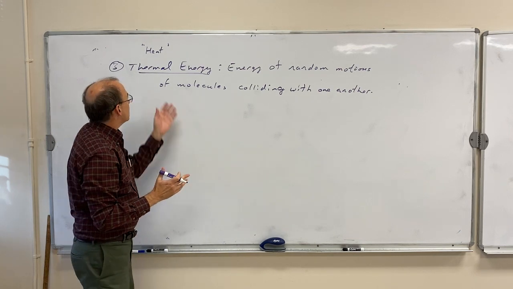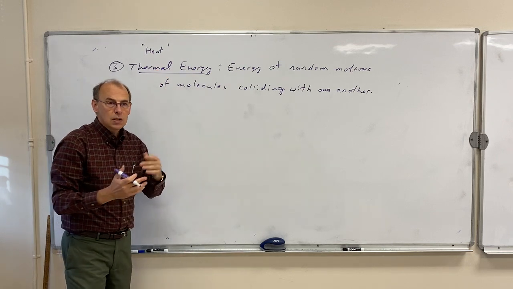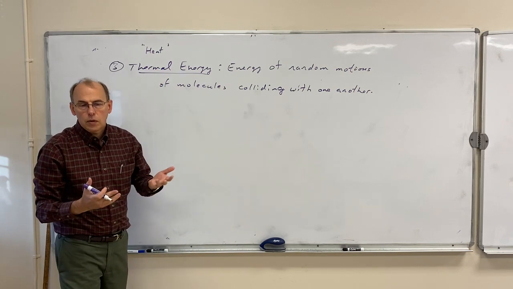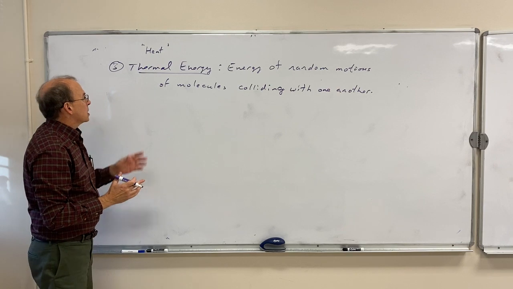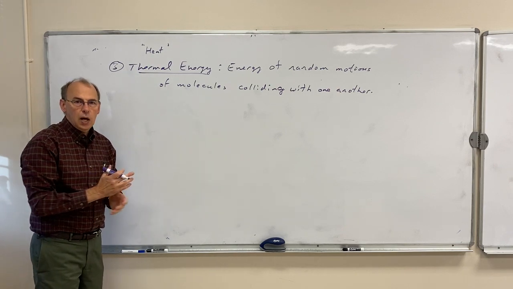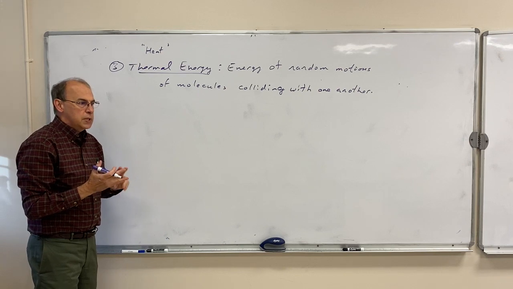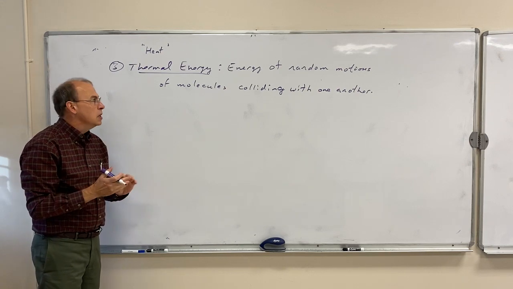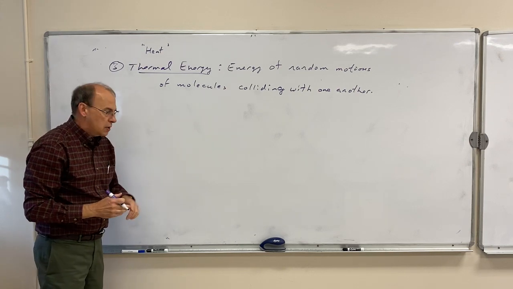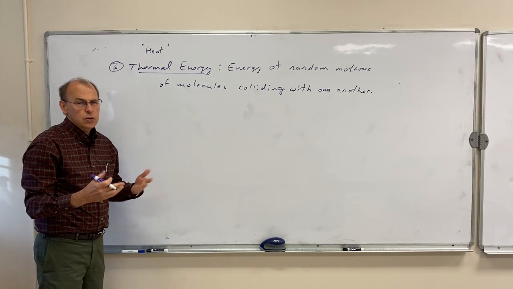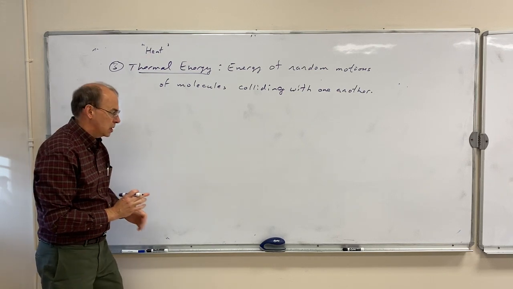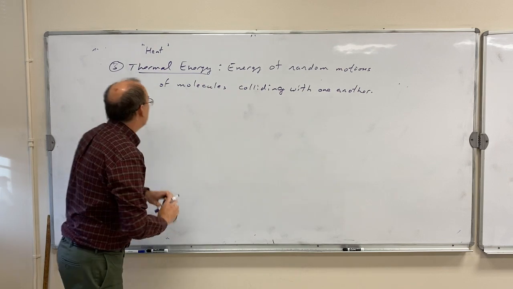So friction tends to cause, or does cause, thermal energy. It's not the only thing that causes thermal energy, but it can cause this. So we've got kinetic energy, energy of motion, potential energy, energy of position, and thermal energy, heat energy. Those are our three types of energy. There are other types, but these are the ones that we need to deal with this semester.